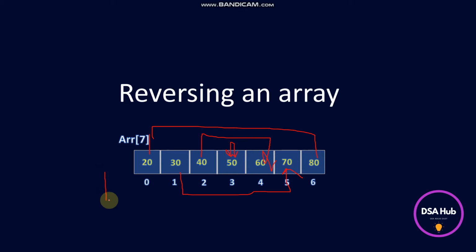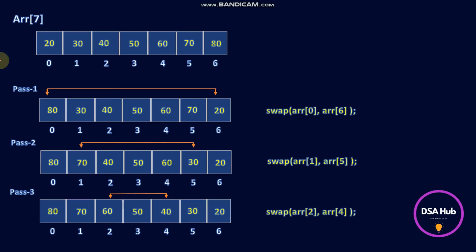By in place I mean that without using any additional space, we would have reversed our array. In order to explain this approach in a more visualized manner, let's look at this. In the very first pass, we are swapping the value at the 0th index with the last index, that is the 6th index. In the second iteration, we swap the second element with the second last element, and subsequently the third with the third last element.